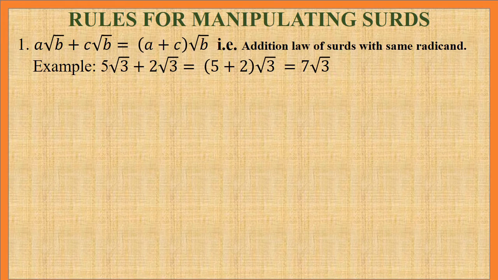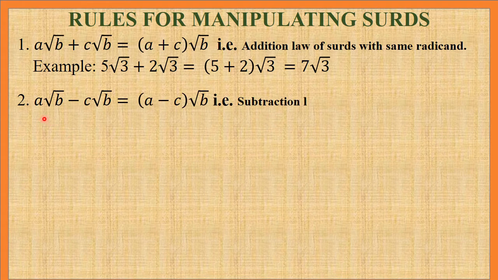Then the second rule is if we have a root of b minus c root of b, this is also equal to a minus c root of b. And this is the subtraction law of surds. The same thing applies here.